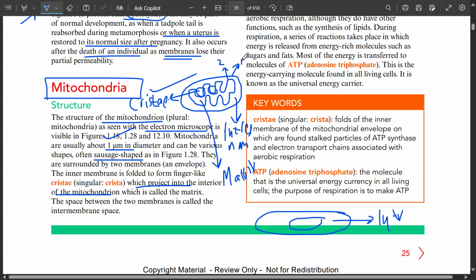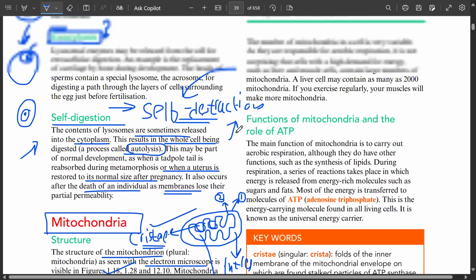So we have the outer membrane, the inner membrane, and between these membranes, the intermembrane space. The folded inner membrane is known as cristae, and the cytoplasm of mitochondria is known as matrix. Is the structure clear? Good.